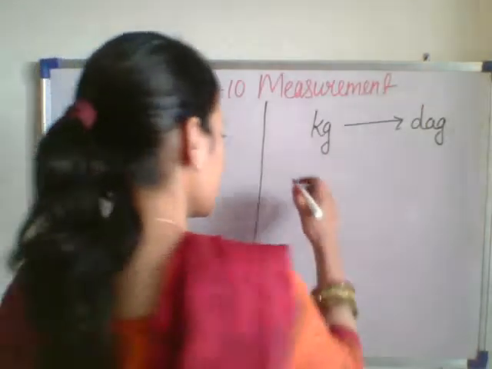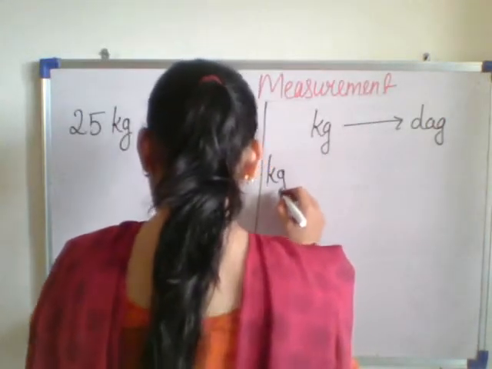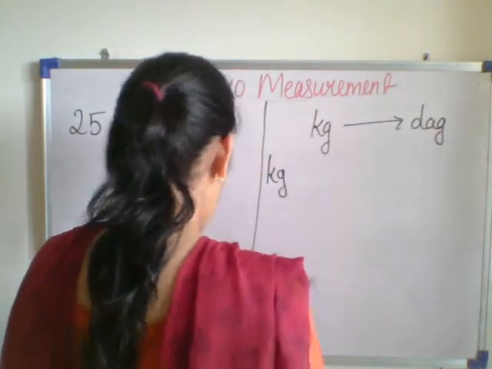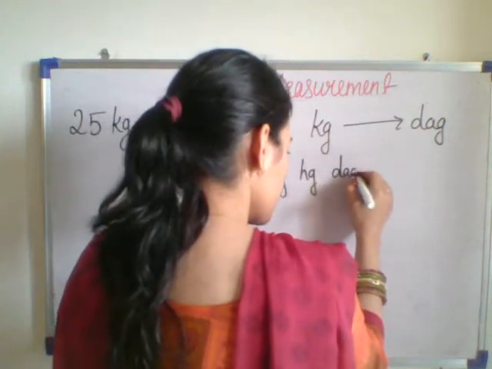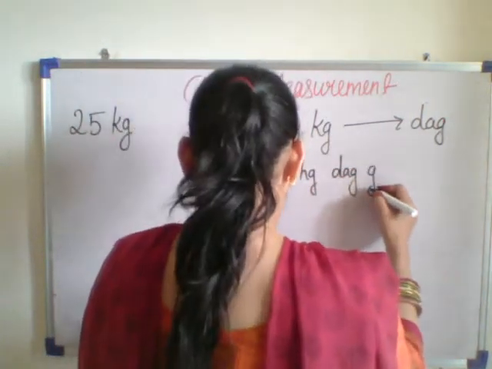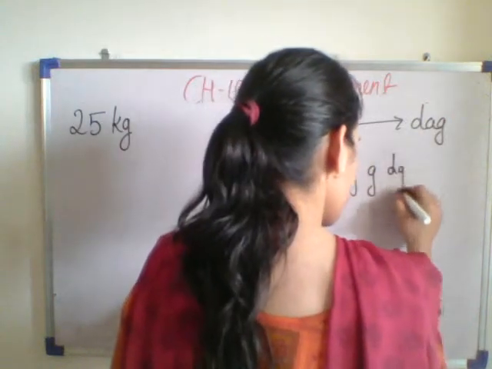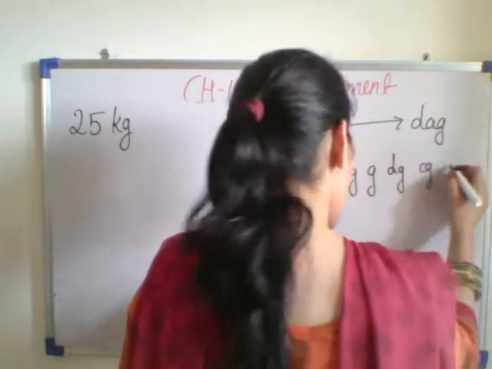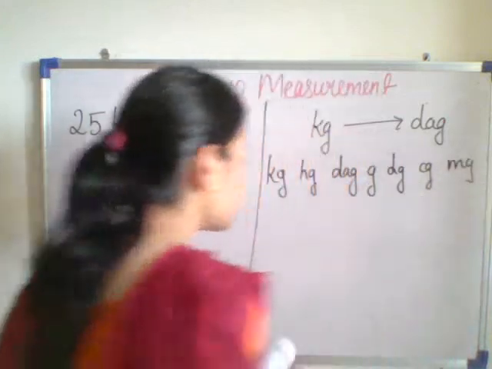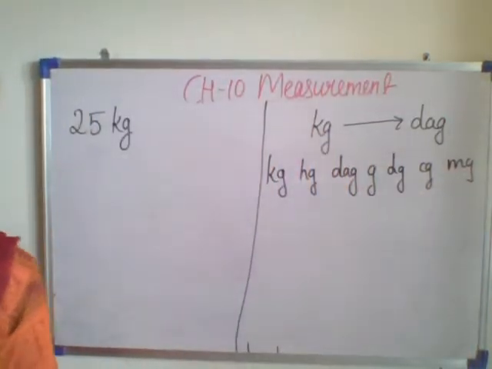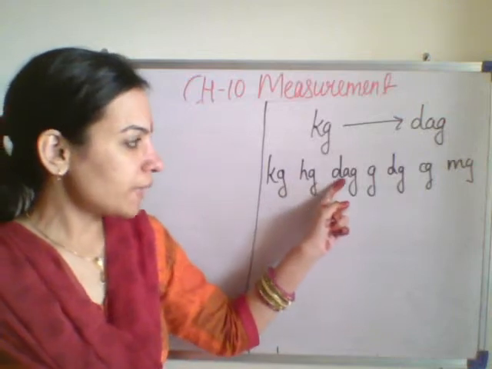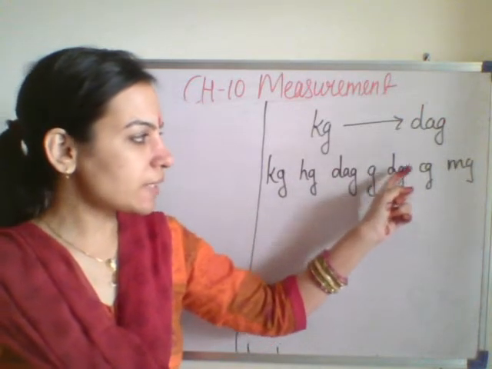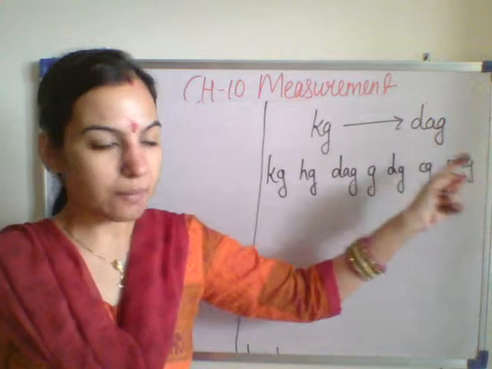First is kg, then hg, then dag, then gram, then decigram, then centigram and milligram: kilogram, hectogram, decagram, gram, decigram, centigram and milligram.